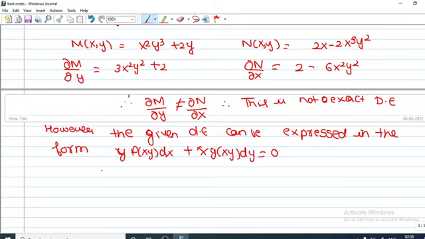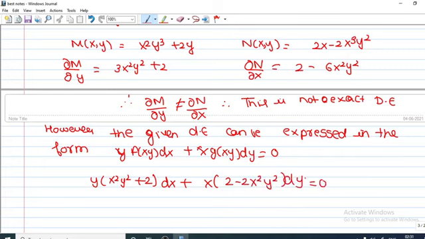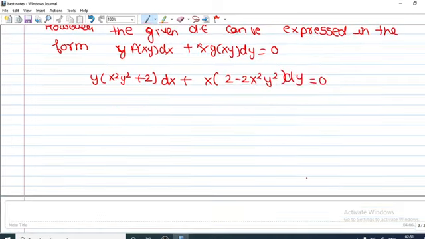So if we try to express it in this format, we will have y into x square y square plus 2 dx plus x into 2 minus 2x square y square into dy equal to 0. If you are able to express it in this format.